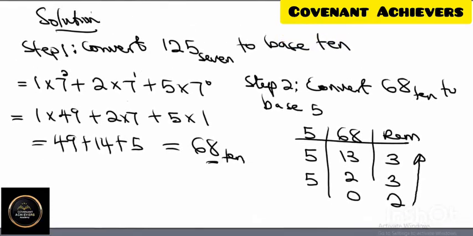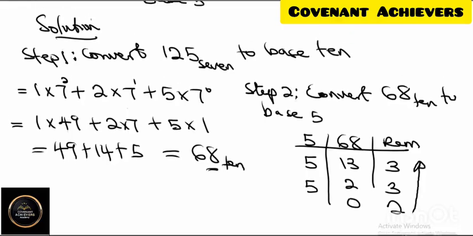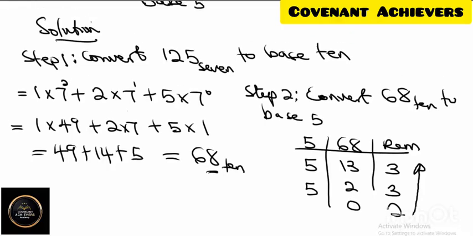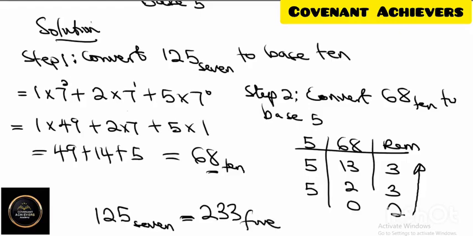So from here, we could say that what we now have in the question is 125 base 7 equals 233 base 5, and that is the final answer to that question.